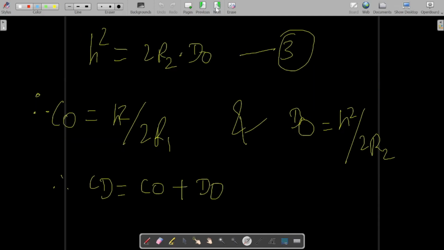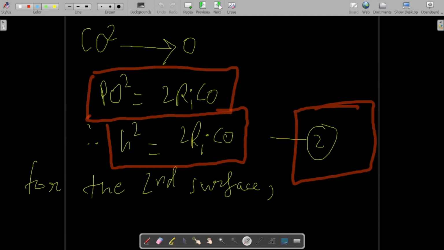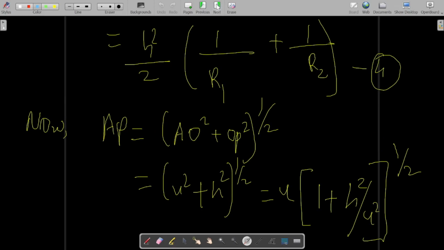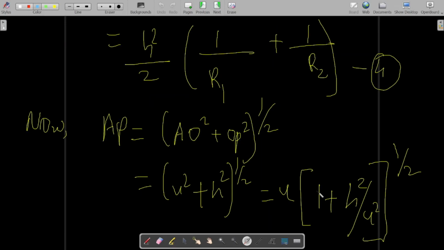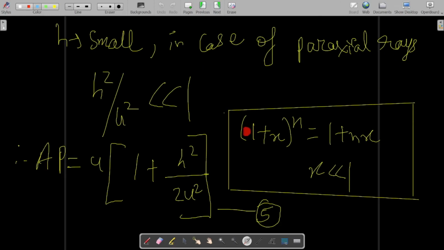So h square by u square is much smaller than 1, so this particular term will be much smaller than 1. So we can apply the binomial approximation: (1 plus x) whole to the power n is equal to 1 plus nx, but this holds only when x is much smaller than 1.